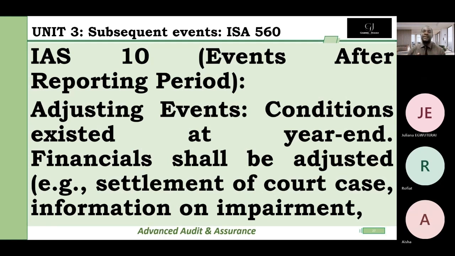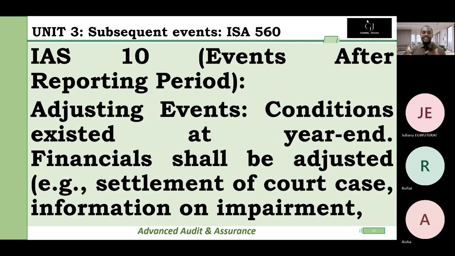And the auditing standard, ISA 560, speaks to subsequent events and what we have to do if adjusting and non-adjusting events come up. So IAS 10 is a potential in your CR reporting, and ISA 560 is also a potential in your AAA exams. Adjusting events are conditions that exist at the year end, and the financial statements shall be adjusted.